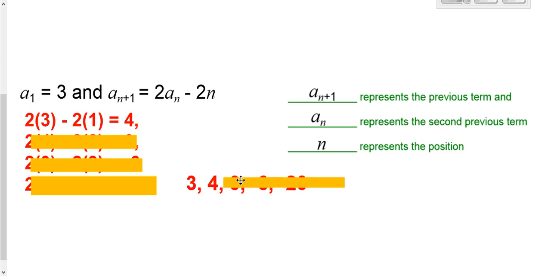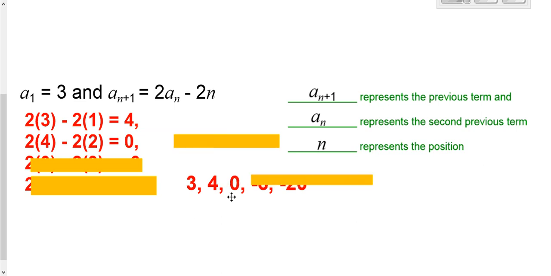Now I need to go ahead and take 4 and plug that in. So I'll go 2 times my previous term of 4 minus 2 times the position of that term of 4, which is the second position. And so I work that out and I get 0. So now I need to go 2 times 0, 2 times the previous term, minus 2 times the position of that previous term of 0, which is the third position.